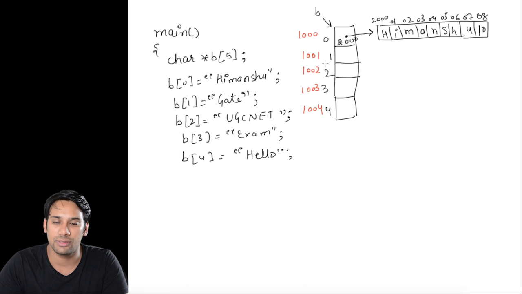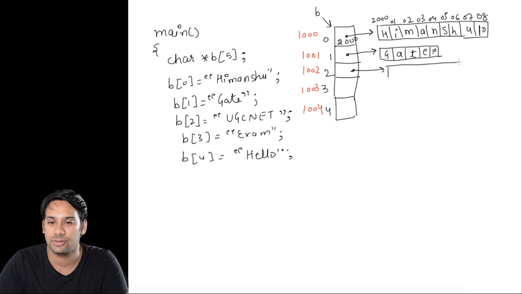Now this B1 is storing gate, that means this is pointing to this G A T E and this null character, and this is pointing to this UGC net.